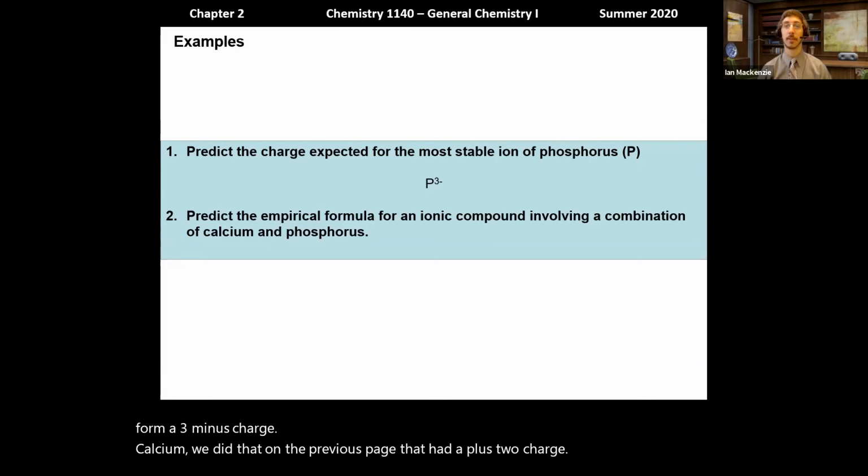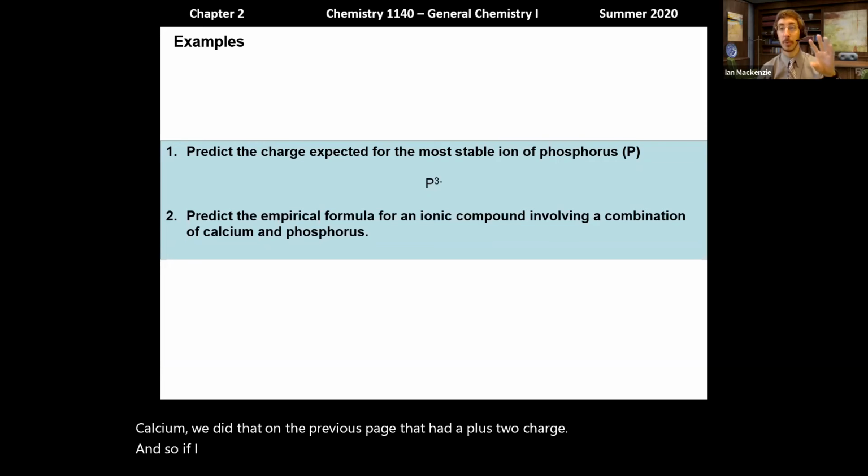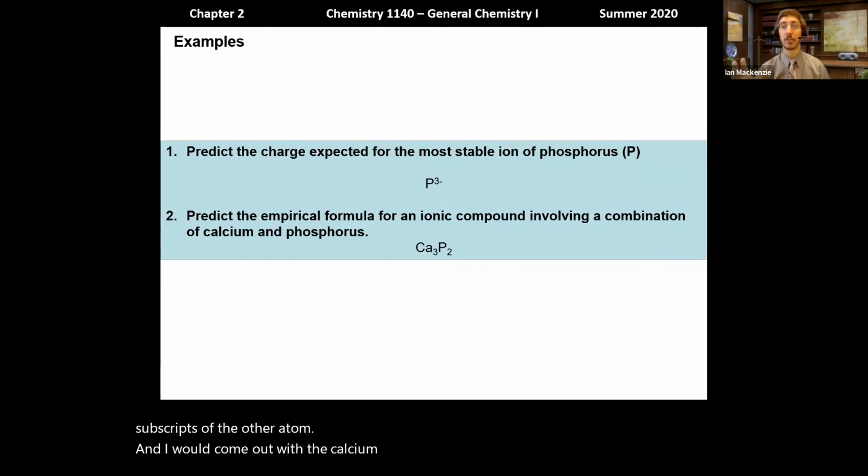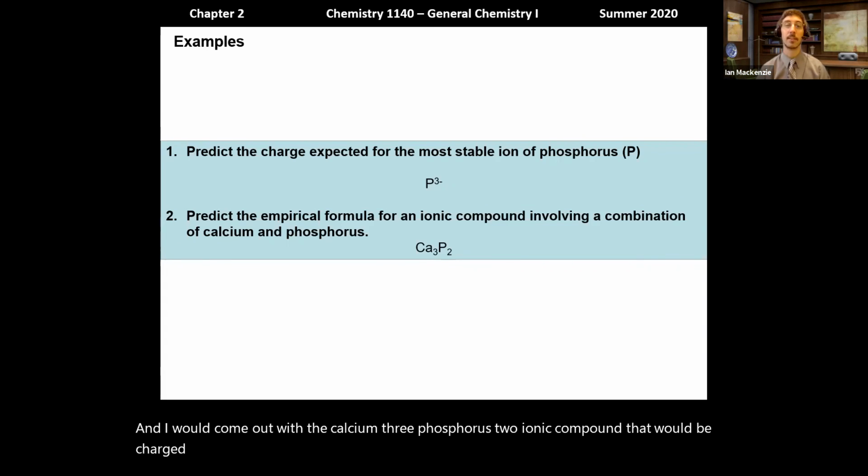And so if I have calcium 2+, phosphorus 3-, I bring those superscripts down to become the subscripts of the other atom, and I would come out with a Ca3P2 ionic compound that would be charge balanced, and this is the empirical formula for this compound.